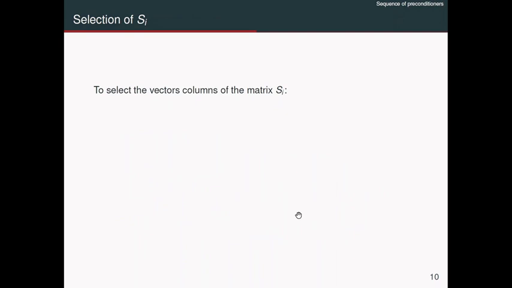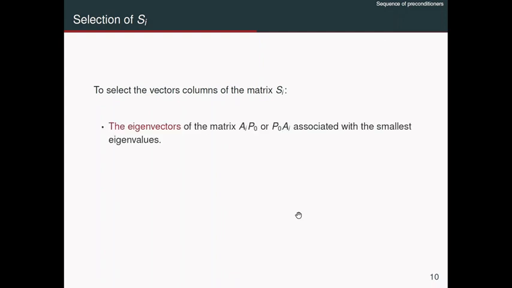So to select the matrix S at each time step, the theory states that the best option is to use the eigenvectors associated with AP0 or P0A associated with the smallest eigenvalues.